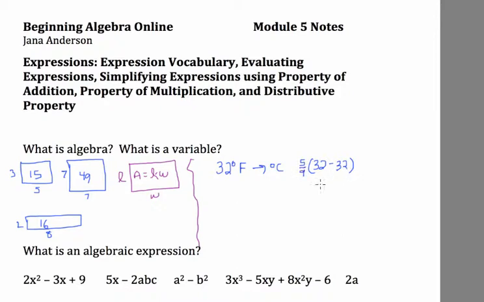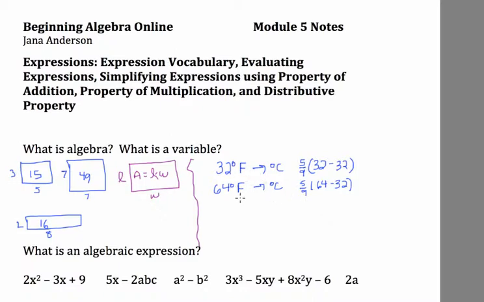And that'll change you to degrees Celsius. Here's another one. Let's say you had 64 degrees Fahrenheit, and you wanted to change to degrees Celsius. You would take 64, subtract 32, and multiply your result by 5/9.